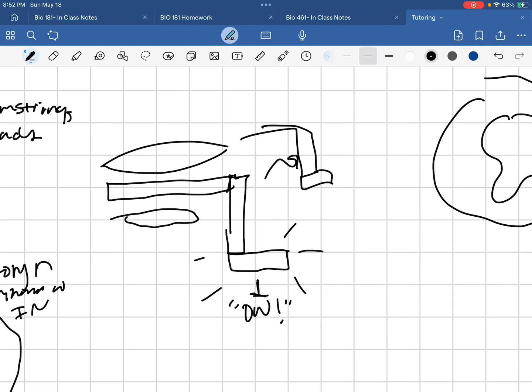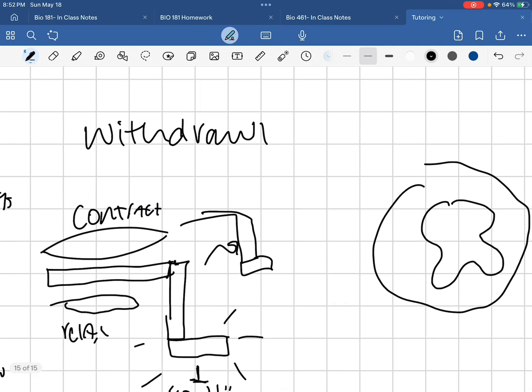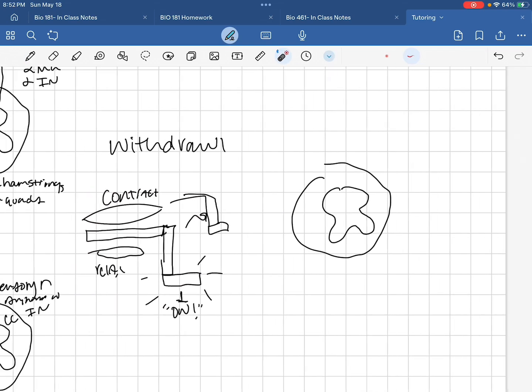So what's going to happen is the overall effect of this is we're going to relax and then contract here. And this is for the foot that is being affected.